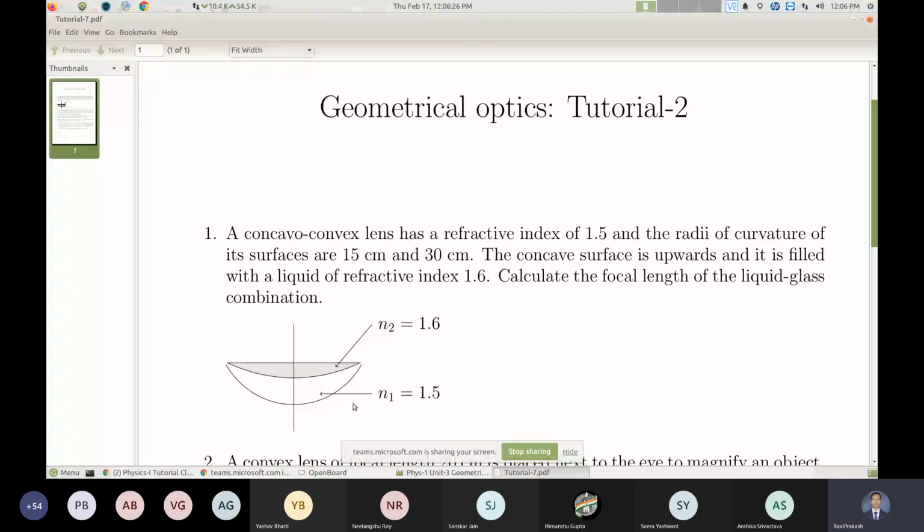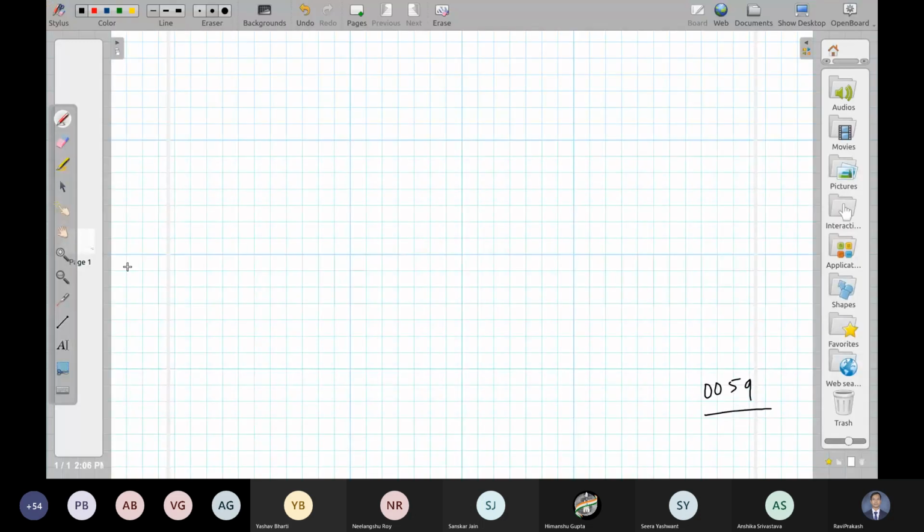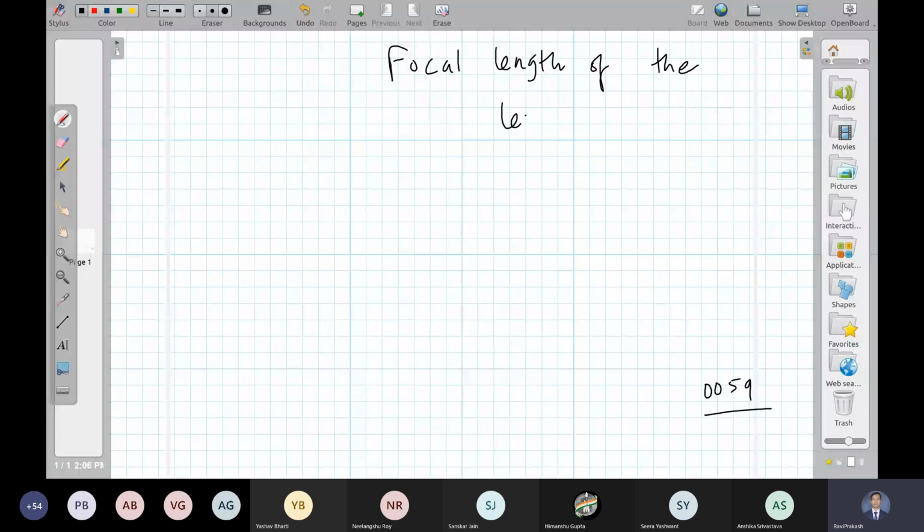How will you find the focal length of this lens only? So I am asking an even easier problem.